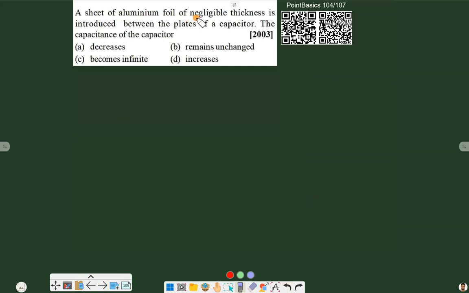A sheet of aluminum foil of negligible thickness is introduced between the plates of the capacitor. The capacitance of the capacitor. Now it is mentioned that aluminum is introduced, and we know that aluminum is a conductor.